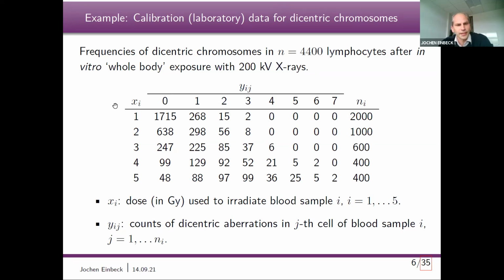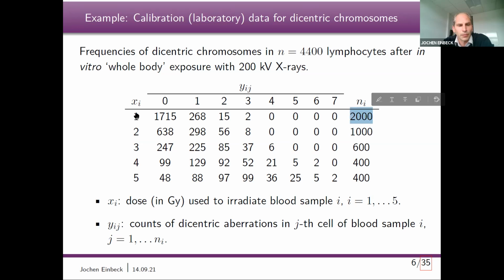So what was done here is that, let's say, a batch of blood was divided into 5 pieces, and then each piece got exposed to a certain degree of radiation that you have here. Here you have 1 gray, 2 gray, 3 gray, 4 gray, 5 gray. Then for each batch, one has examined a certain number of cells. This is this number here.